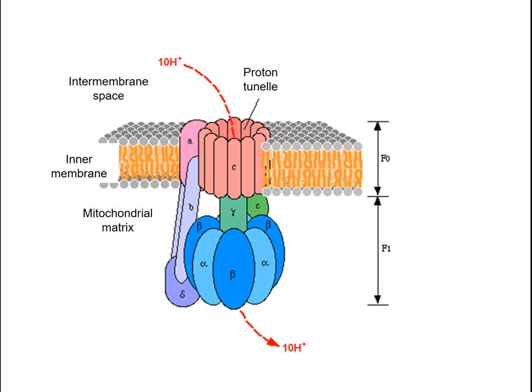F1 subunits will be turned around together with the FO subunit. As a result, alpha and beta subunits inside the F1 subunit will change their location in space. As a result, the electrical energy that is carried by protons will be transformed into the energy of the chemical bond in ATP.